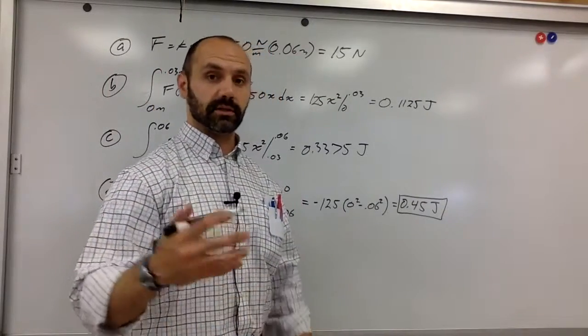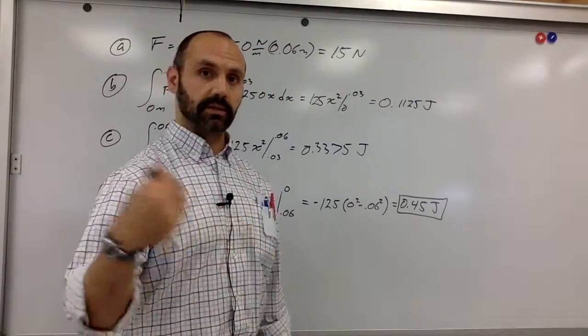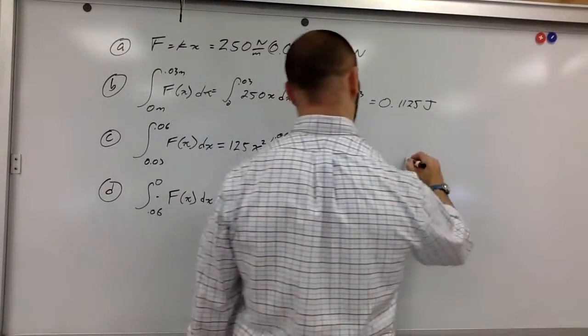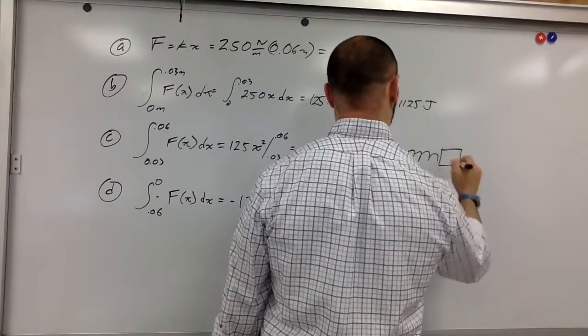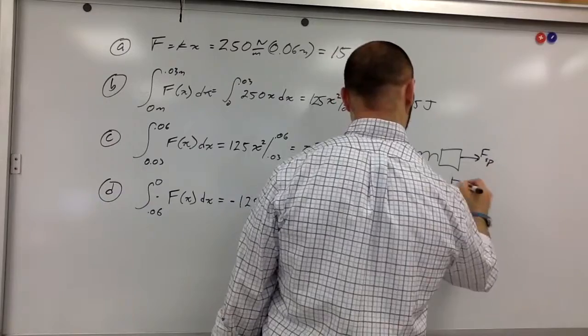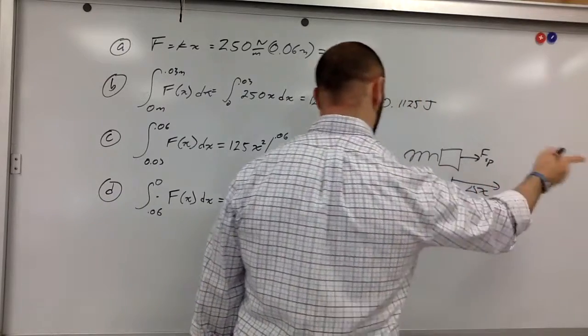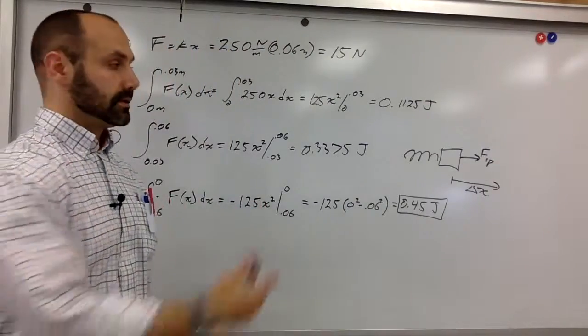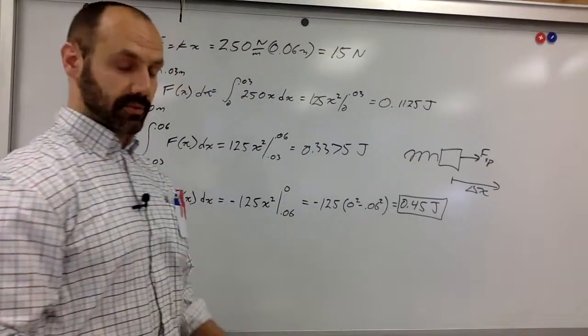Well, it's positive because the spring, in this case, is pushing in the same direction as the displacement. If this is the spring that was compressed, the force on the spring is this way. And the displacement is also that way because the spring is restoring it back to its equilibrium position. So I'm expecting positive work, and that is what I get.